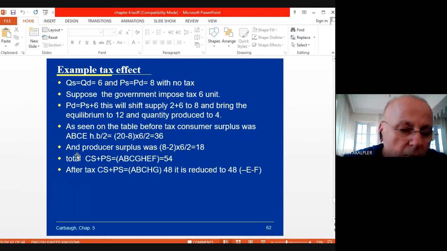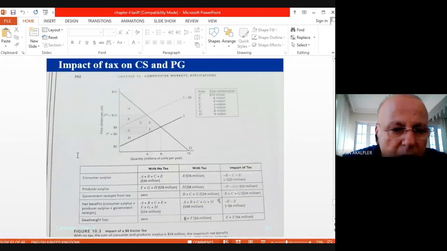Then this one, of course, A, B, C, G, H, E, F. A, B, C, this upper level, B, C, G, E, H, F, all together will give you the consumer and producer surplus together, because we have to calculate the new equilibrium as it is indicated.